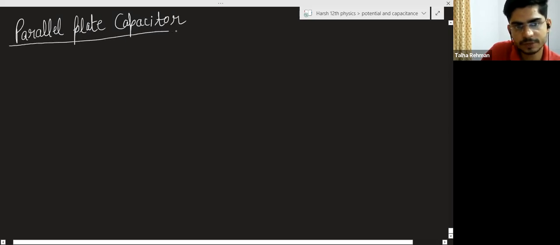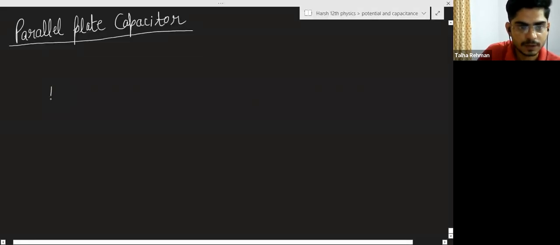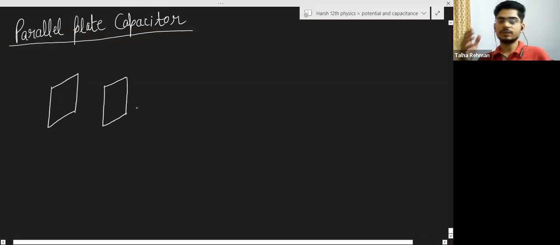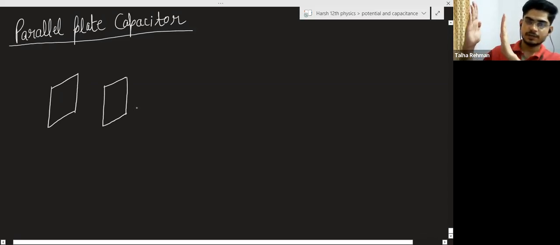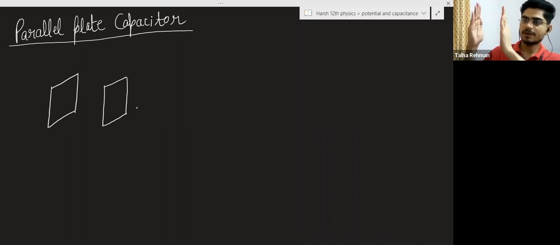First you will see what a parallel plate capacitor is. From the name you can understand. This is one plate, this is another plate, and these are parallel. Parallel means making 0 degree angle with each other.